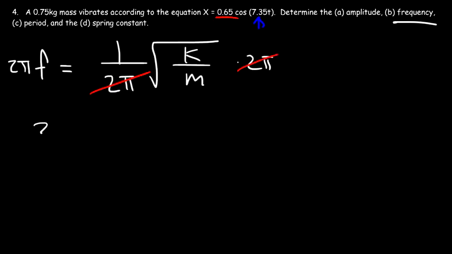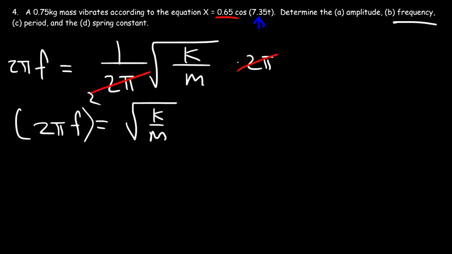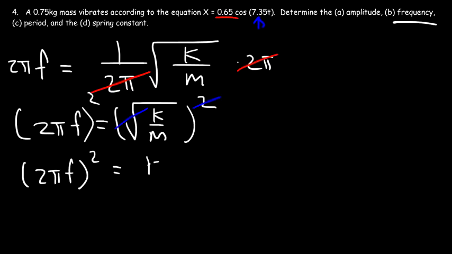So on the left I have 2 pi f, and that's equal to the square root of k over m. Now I'm going to square both sides to get rid of the radical on the right. So I have 2 pi f squared, and when you combine a square and a square root, those two will cancel. So on the right, all I have is k over m.